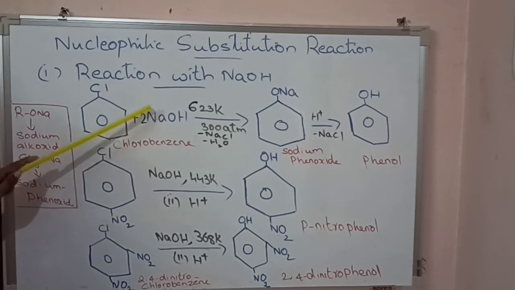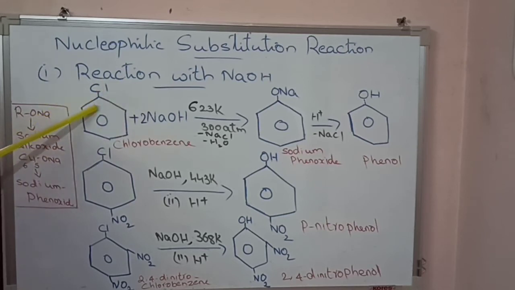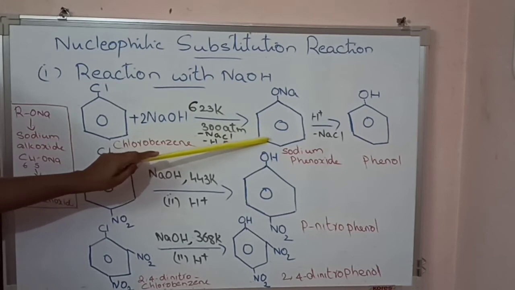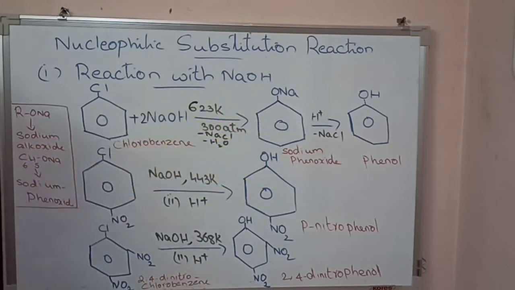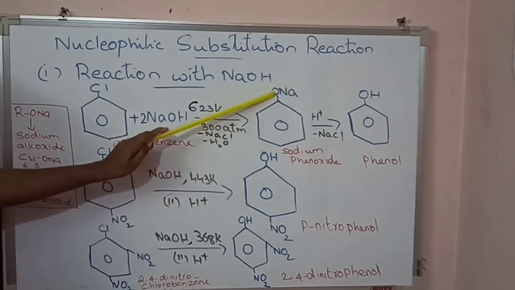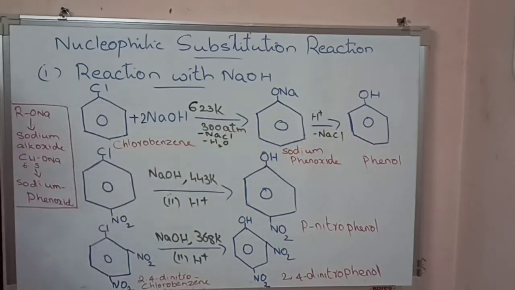Then NaCl and H2O will be removed, and this ONa group will be added to this benzene ring, and you will get sodium phenoxide. On the acidification of this sodium phenoxide, acidification means treating with acid, then you will get OH, that is C6H5OH, phenol. Clear?